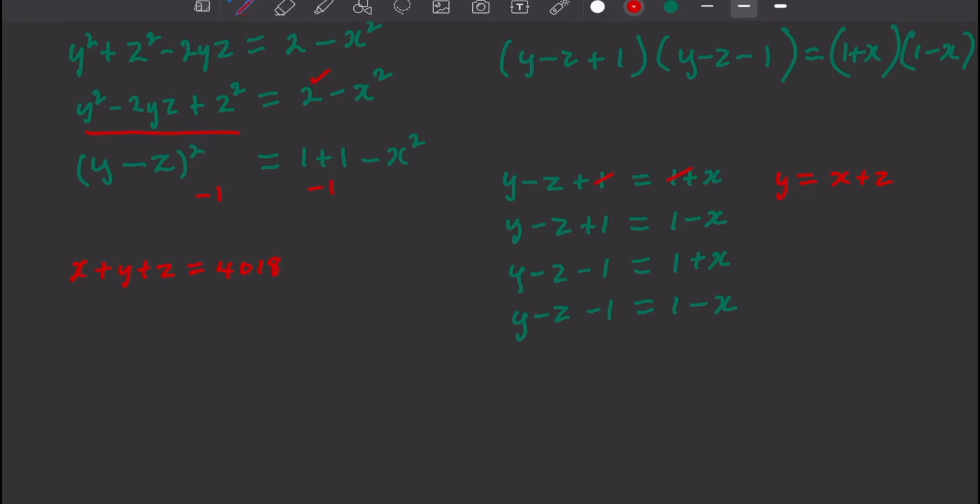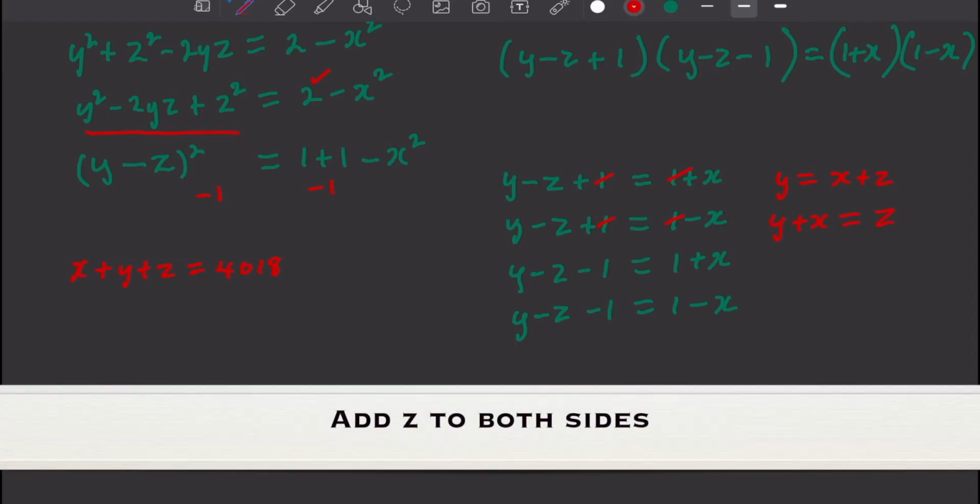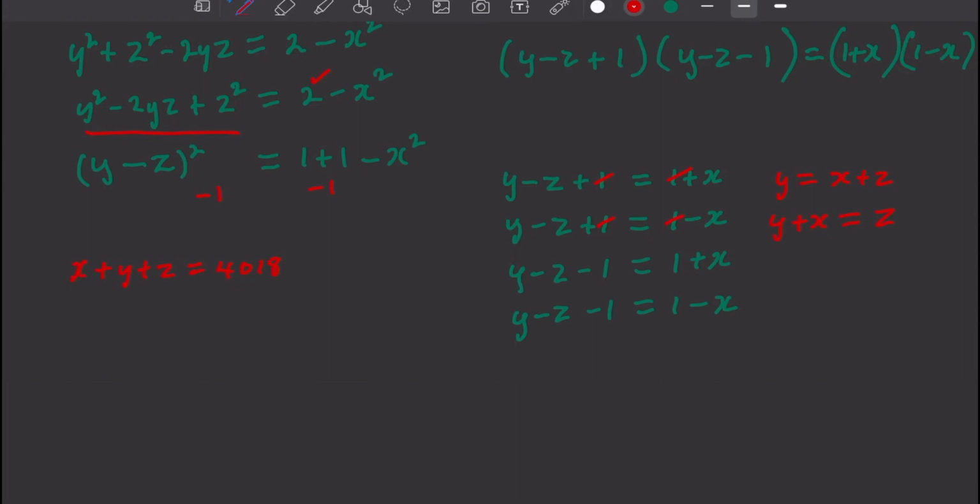We know that these two will cancel. We're going to add x to both sides, and then add y to both sides, then subtract 1 from both sides, so we get y plus x equals z.